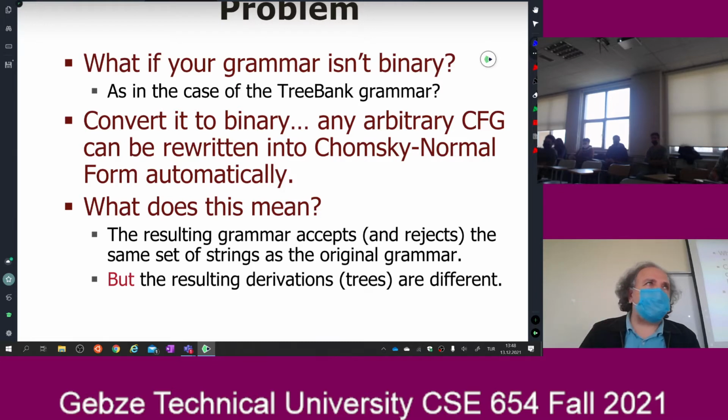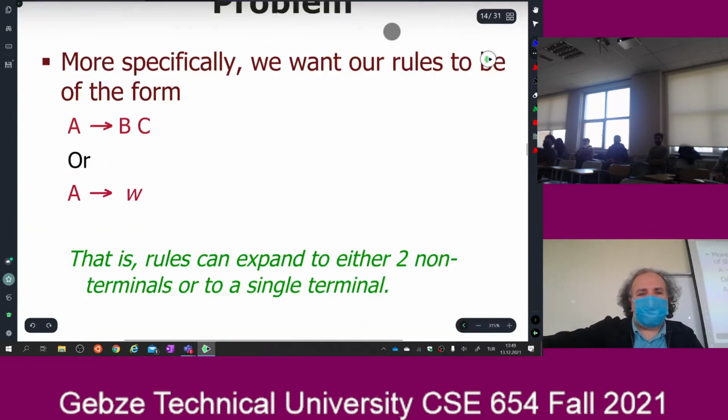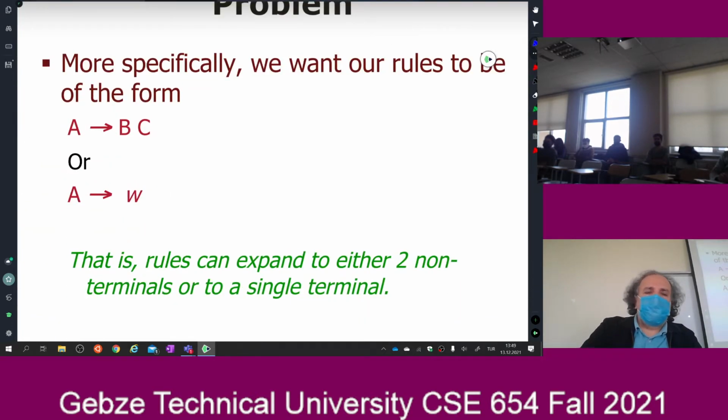But my parse trees will not be the same. My parse trees will be a little bit different because I am changing my grammar, but coming back is not that difficult. So all the rules have to be this way.